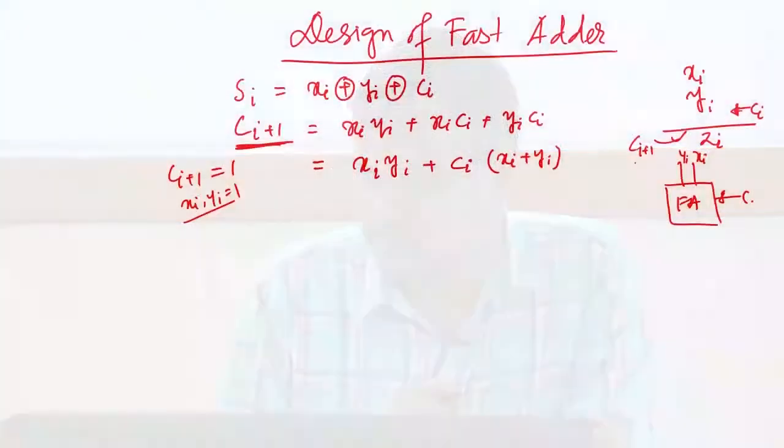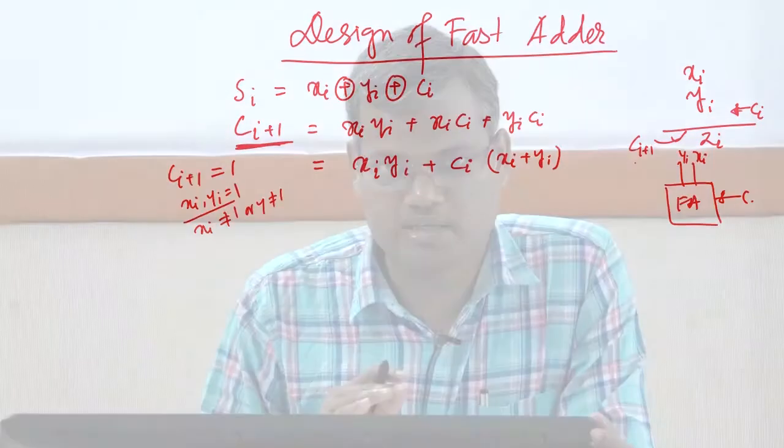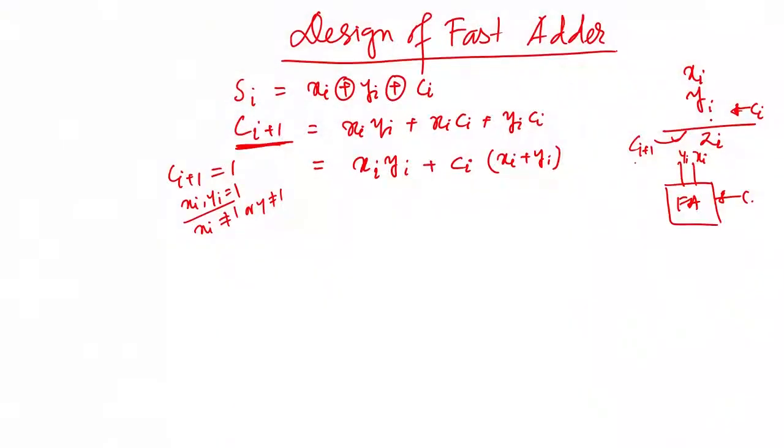Now, if you see Xi Yi is not 1, so if Xi is not equal to 1 or Yi is not equal to 1, that means any one of the two input values is 0, then what will happen? Whatever carry is coming in, it will propagate.